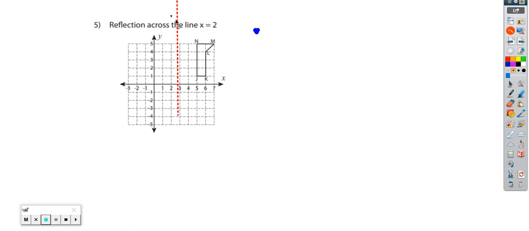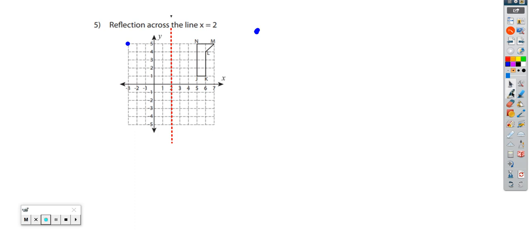So I have my reflection line right here at x is 2. Now I need to reflect each one of these points an equal distance from my line of reflection. I can see that M is 1, 2, 3, 4, 5 units away. So 1, 2, 3, 4, 5.